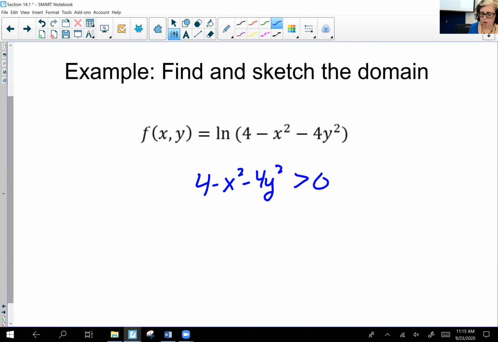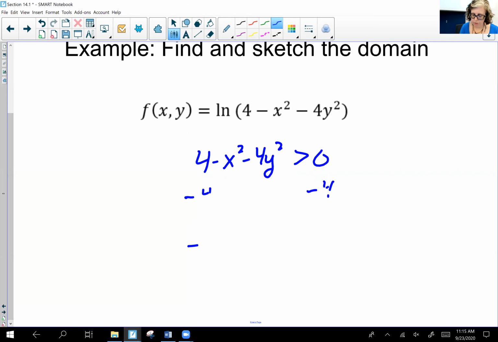Okay, so in order to look for what's going on with our domain, we're going to have to do some manipulation with this. So if I move the 4 over, I'm going to end up with negative x squared minus 4y squared is greater than negative 4.